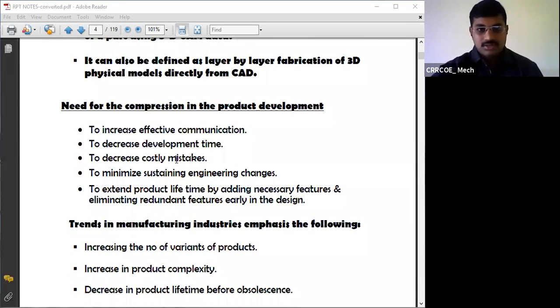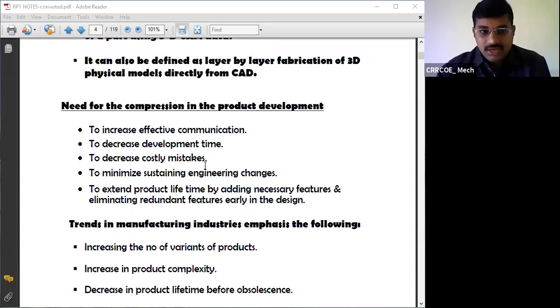What are the advantages or need, I mean, what is the need for this particular product development? To increase effective communication, to decrease development time, cost, mistakes, all these things. When we go for a new method or new process or new technique, definitely we must have some advantages.